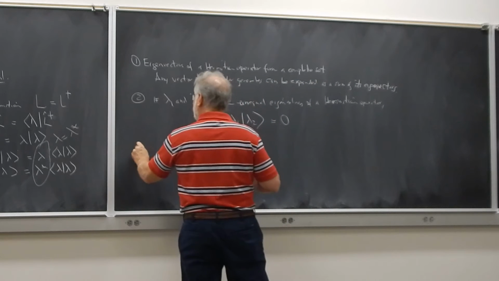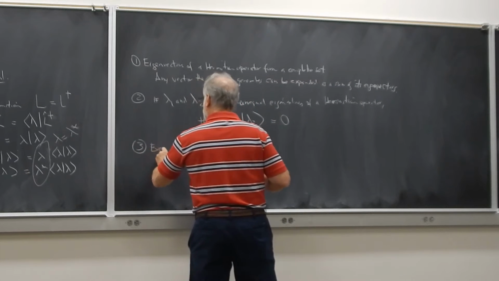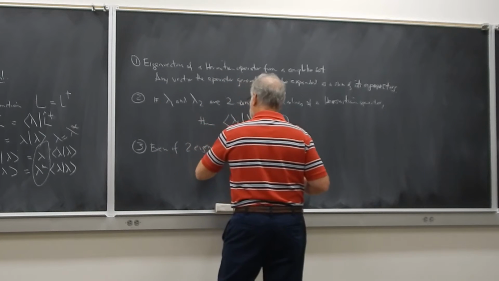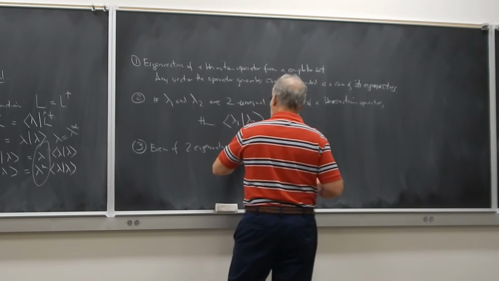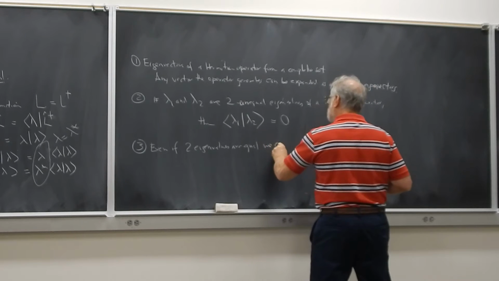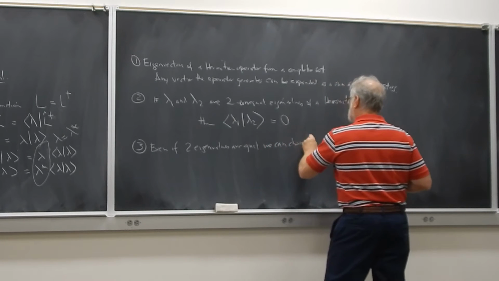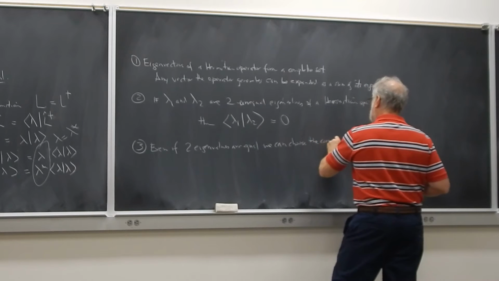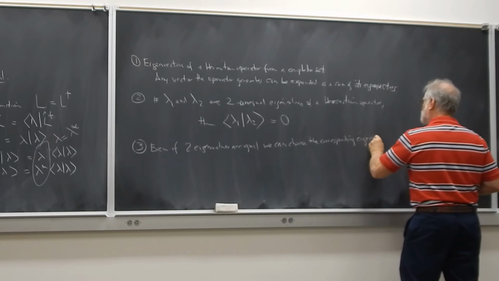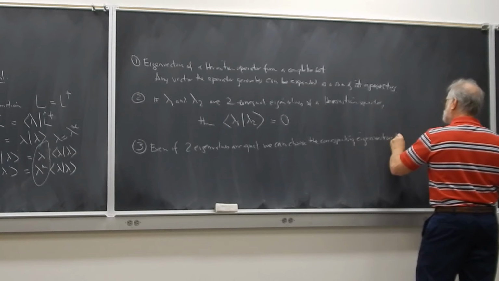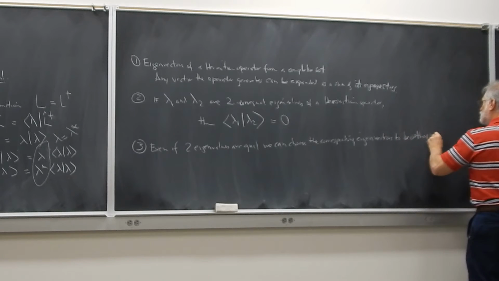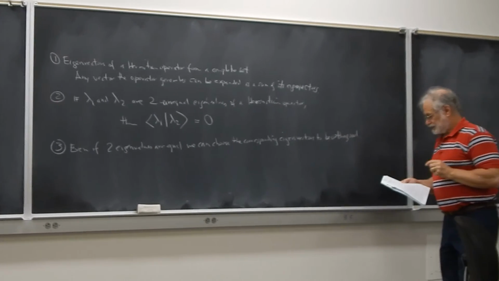Three, even if the two eigenvalues are equal, we can choose the corresponding eigenvectors to be orthogonal.